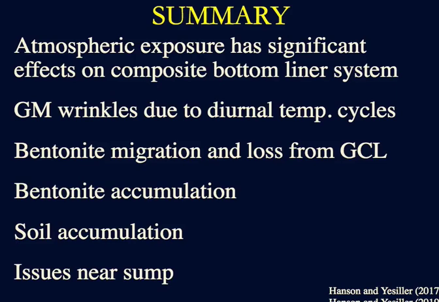Bentonite migration and loss from the GCL does occur. Bentonite and soil both accumulate, in this case, was observed to accumulate towards the toe of the slope. And we did have some issues near the sump where there was ponding occurring, and we feel that may have attributed to the mountain shape rather than the wedge shape that we observed with the bentonite.